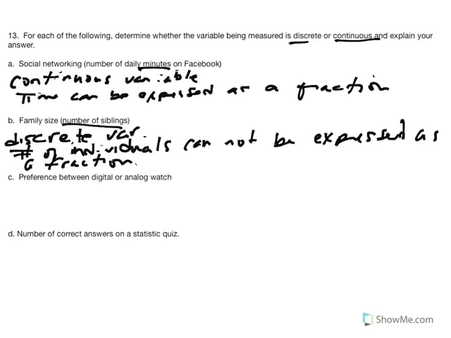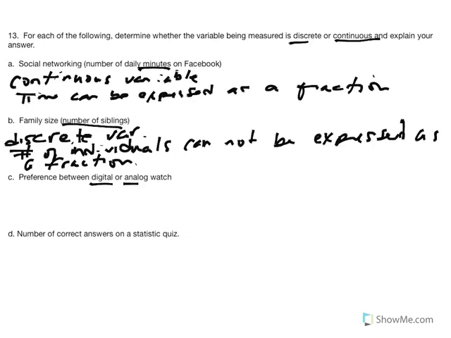Okay, preference between digital or analog watch. Something my boys have recently gotten into. They have a debate on which type of watch they want as young boys. So again, we go back to our categories, discrete or continuous. These are named categories.